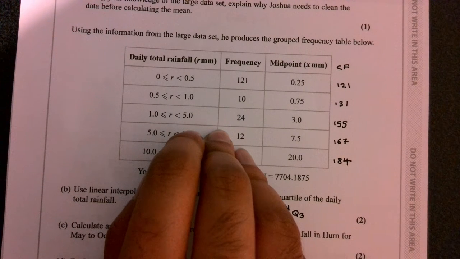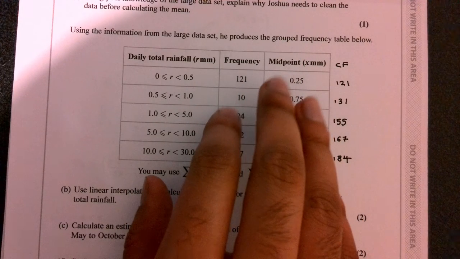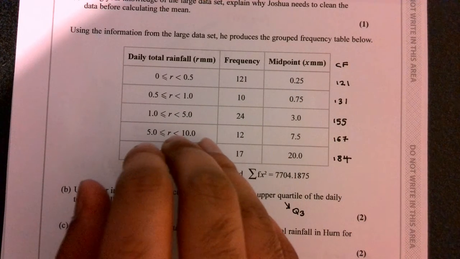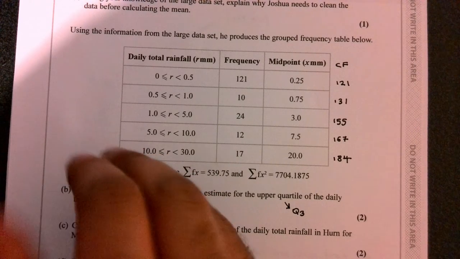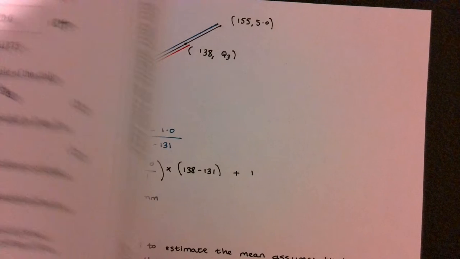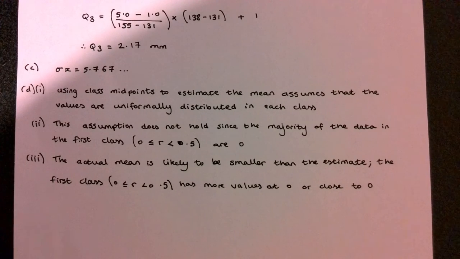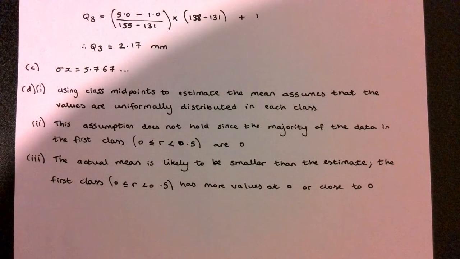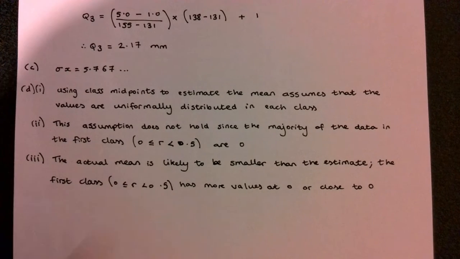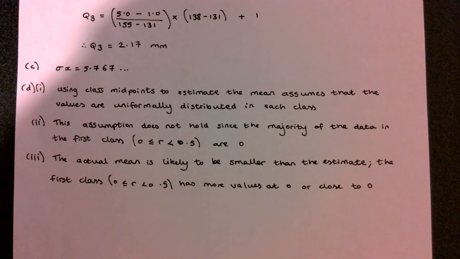And because we have a lot of values close to 0 or 0, the mean will be smaller. So in terms of words, the actual mean is likely to be smaller than the estimate, and that's because this first class, in other words this category, has more values at 0 or close to 0, and we saw that in the large data set.